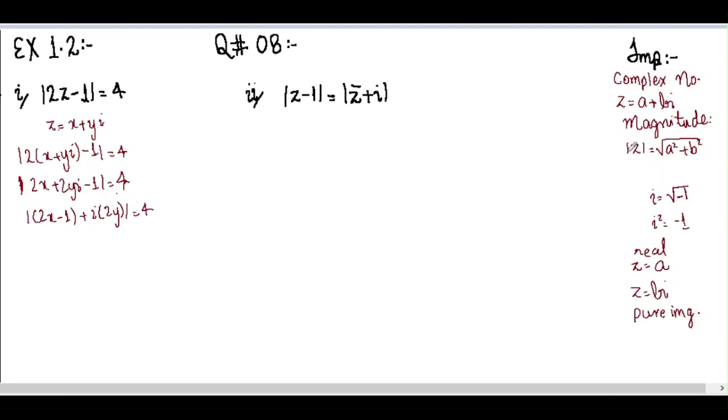It equals the square root of real part square plus imaginary part square. So the real part is 2x minus 1 whole square plus 2y whole square, under the square root, equals 4. Now squaring both sides.